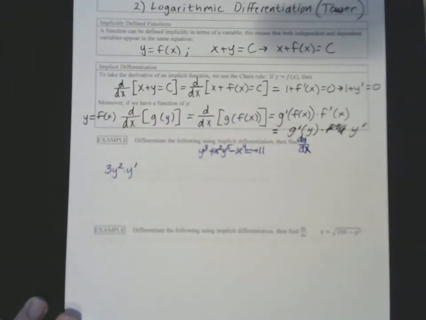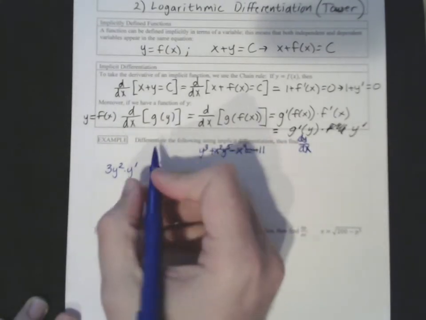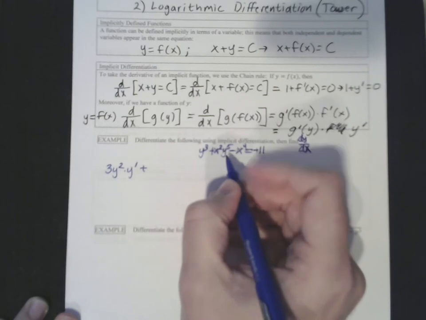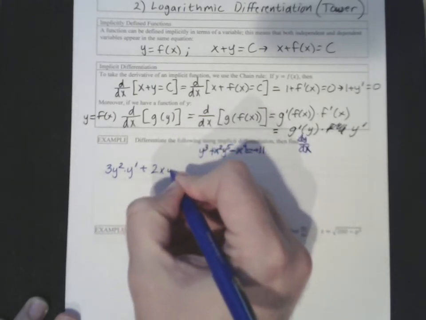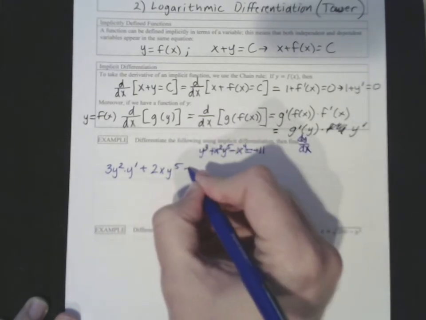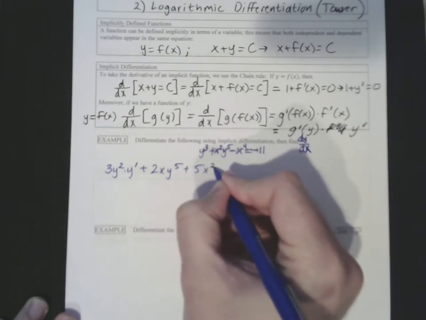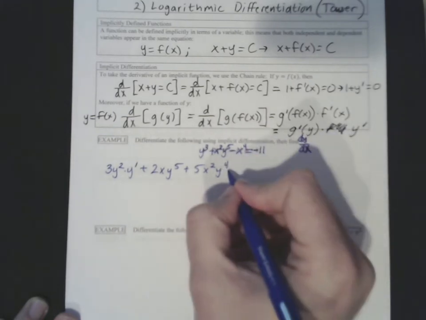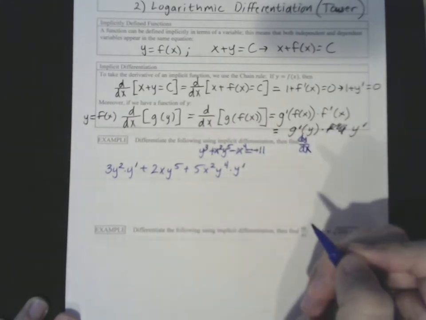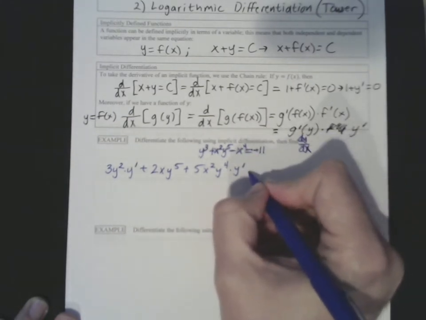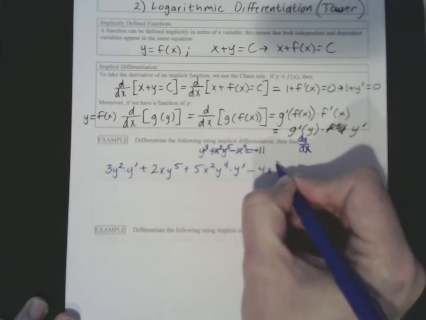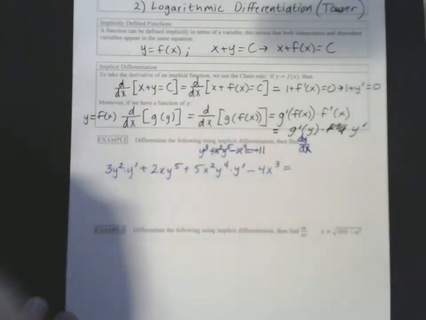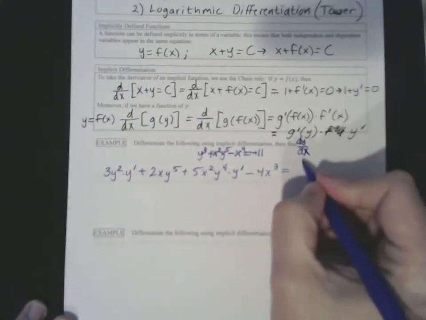Then here we have a product, so this is a product rule. So 2x y to the fifth plus 5x squared y to the fourth, and then we need that y prime. So we times by y prime, and then minus 4x cubed equals negative 11, or equals the derivative of negative 11, which is 0.